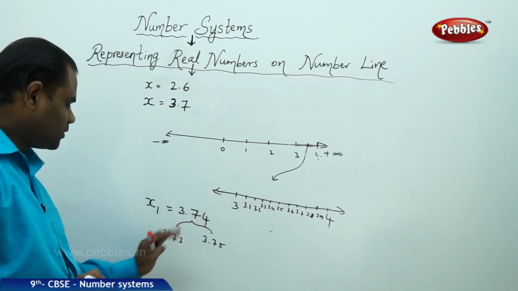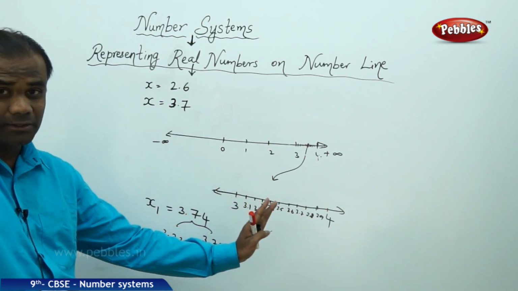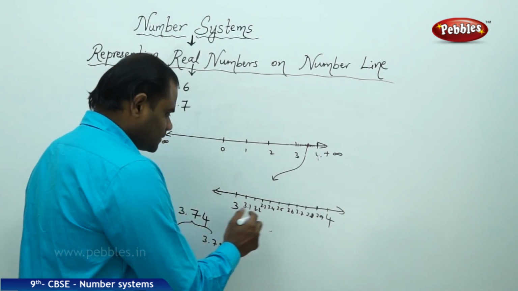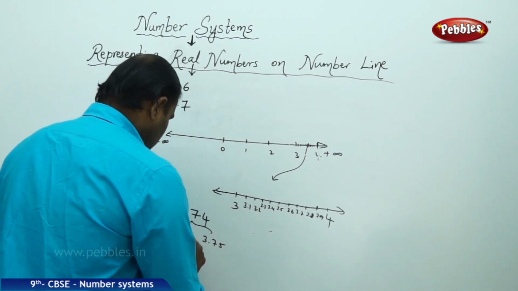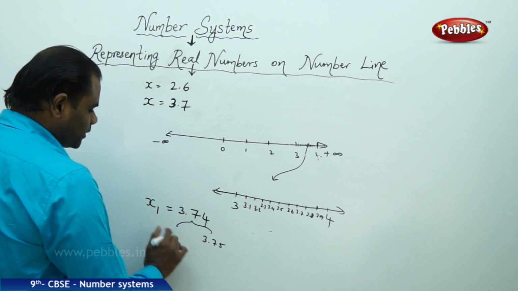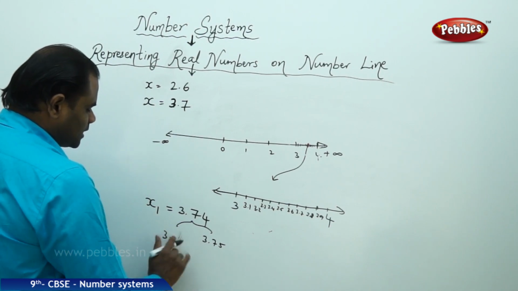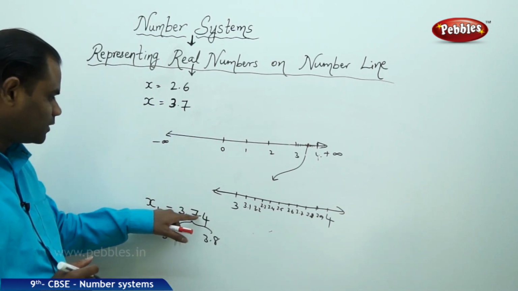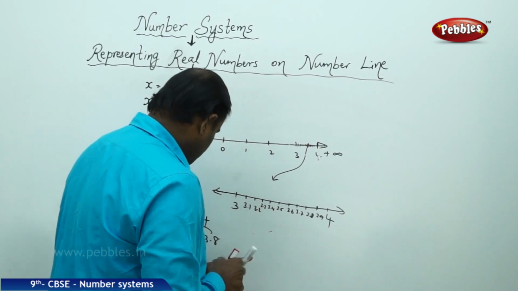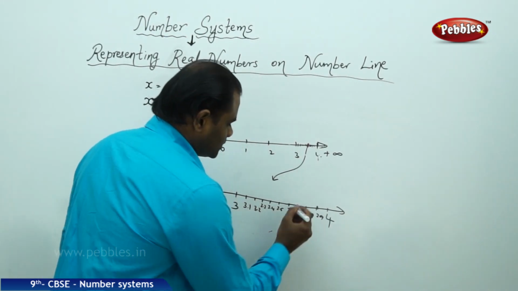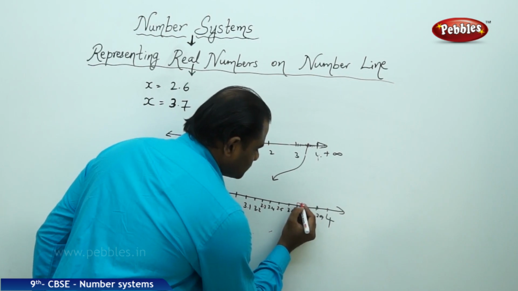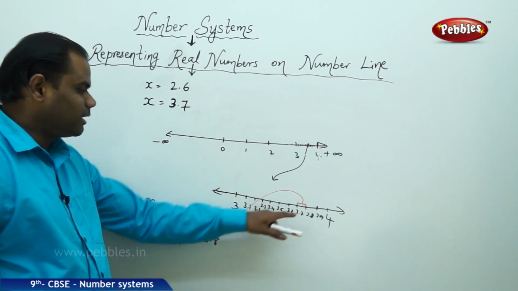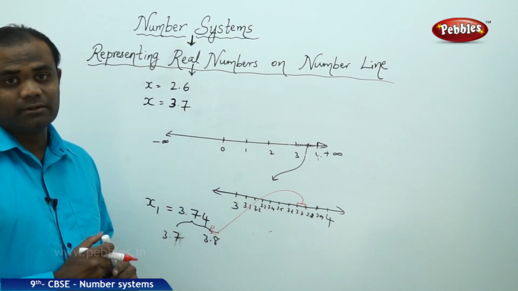The value on the left of 3.74 is 3.73 and the value on the right of 3.74 is 3.75. Also this value is between 3.7 and 3.8. So this value of 3.74 lies in the region between 3.7 and 3.8. So this is the region where this value lies. Therefore, I try to again break up this interval into 10 subdivided intervals.